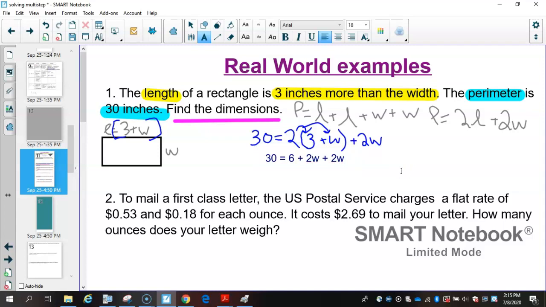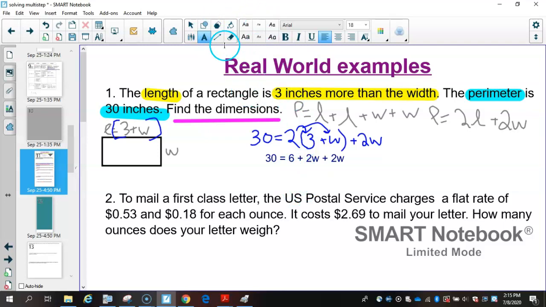Now, if you're following that order of distribute, combine like terms, move a constant, and then get the variable by itself, you could go ahead and combine your like terms. But remember, like I said earlier, you don't have to do that first. You could get rid of the constant first. The order there does not matter.